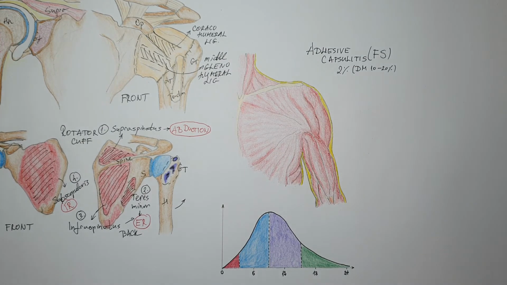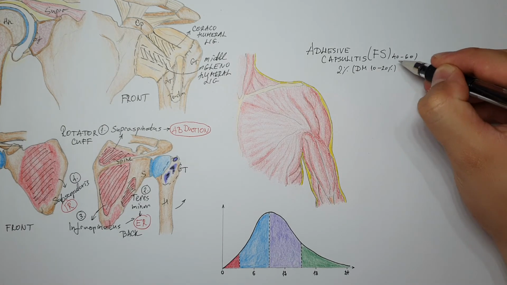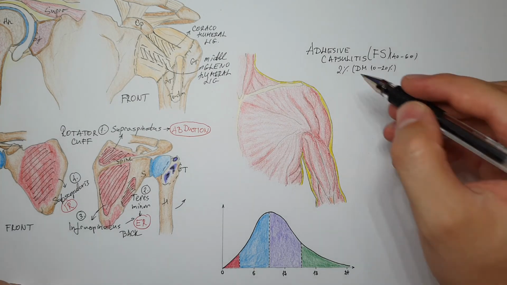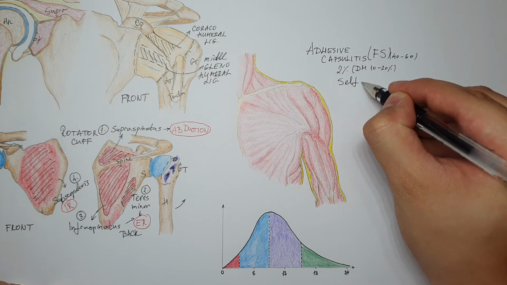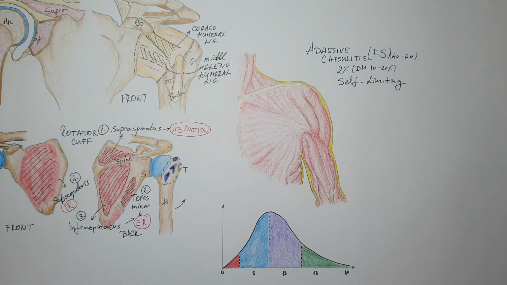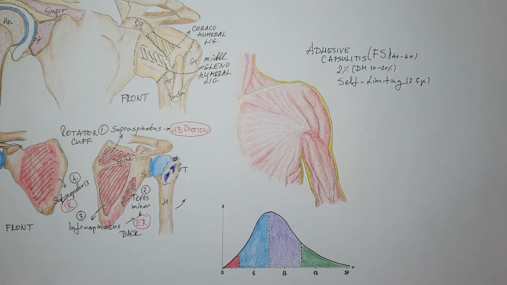We don't know really why. It is more frequent in the ages from 40 to 60 years of life, and it is mostly a self-limiting condition. It can last up to 2.5 years, and we will see why.